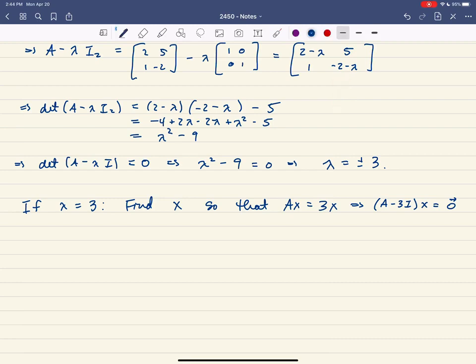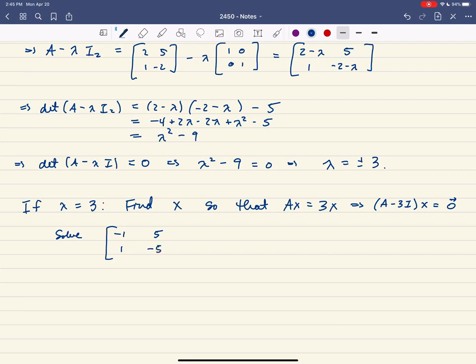And so remember what we're trying to do here is solve A minus 3I times x equals 0. A minus 3I is, let's see, if lambda is 3, we're going to get negative 1, 5, 1. And again, if lambda is 3, we get negative 2 minus 3, which is negative 5.